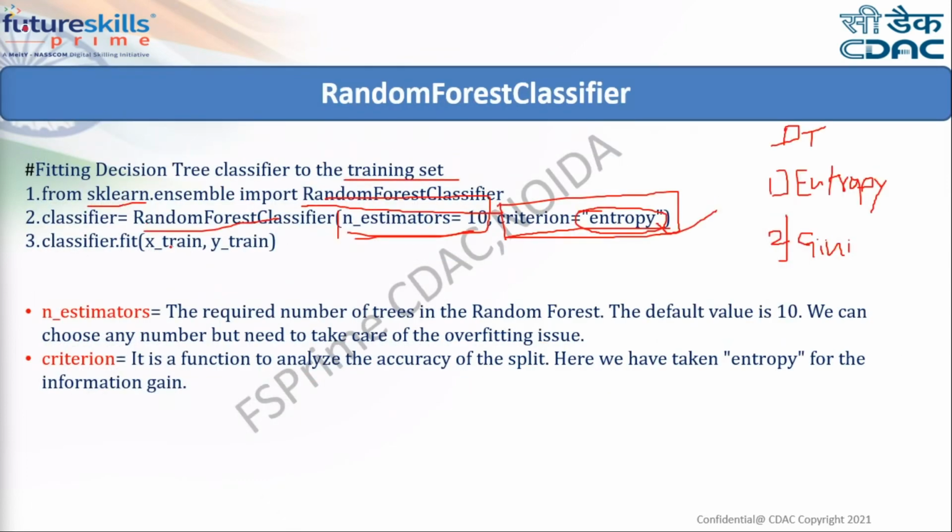After you have set the values, you have to fit your data set. In the fit, we are passing X train and Y train. We are not passing X test or Y test. Why? In this third point, classifier dot fit X train, Y train. Why not X test, Y test?